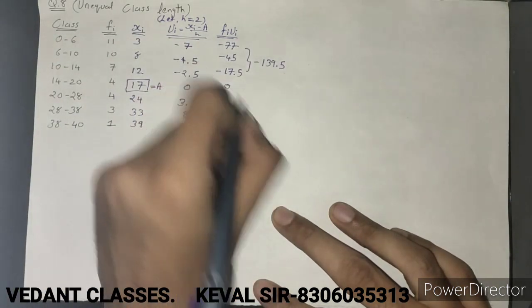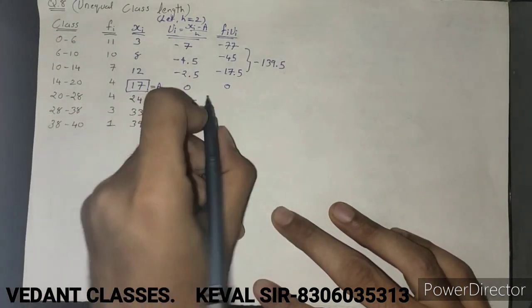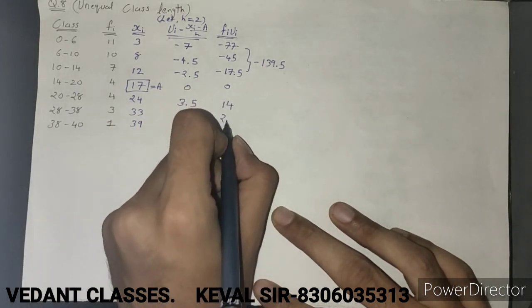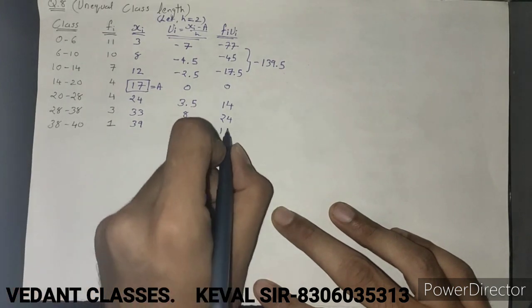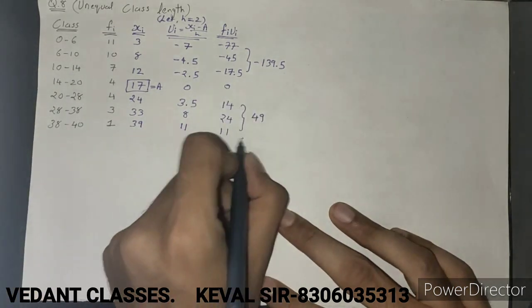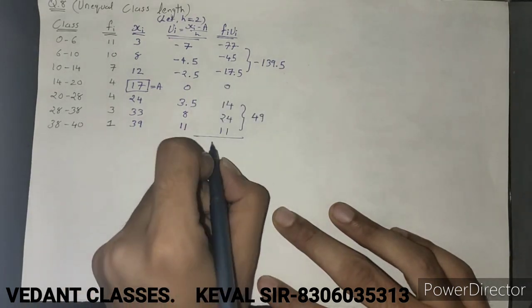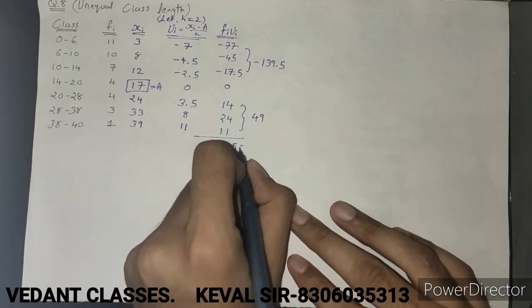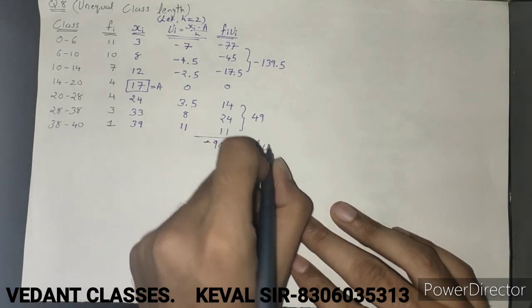Then this will become 0, this will be 14, this will be 24, this will be 11. Here the net value will be 49. Solving these two, you will get the net value minus 90.5. This is the value of sigma fi ui.